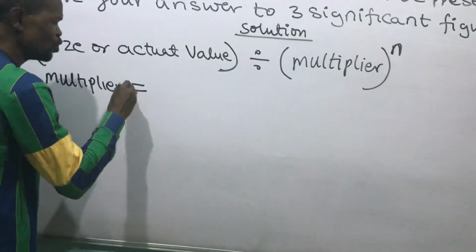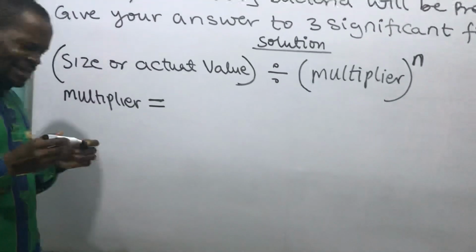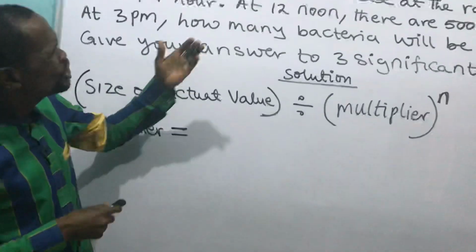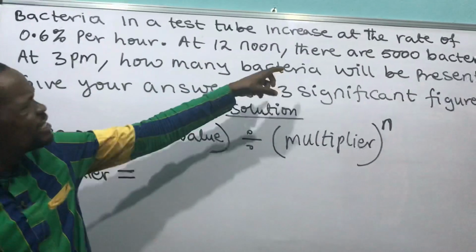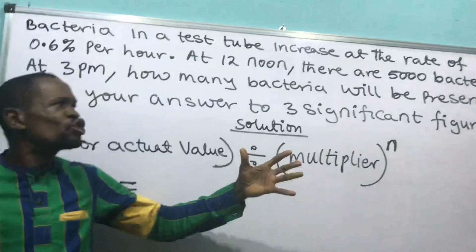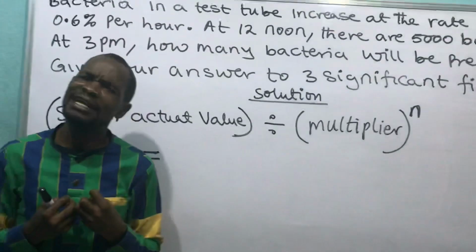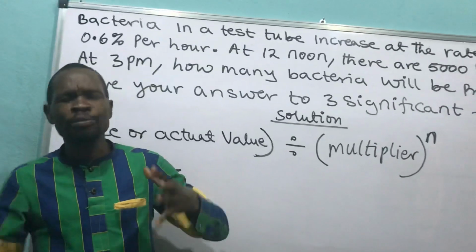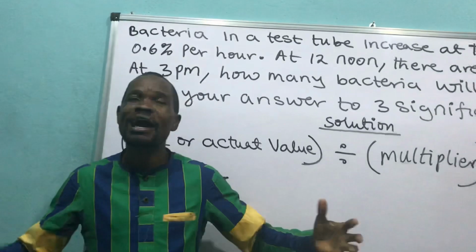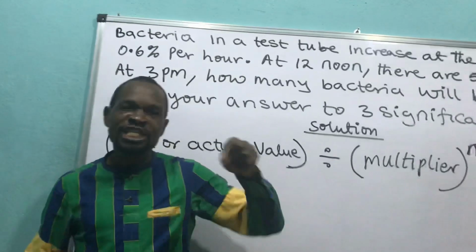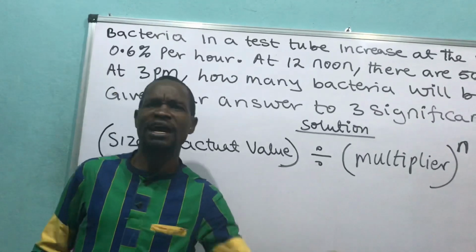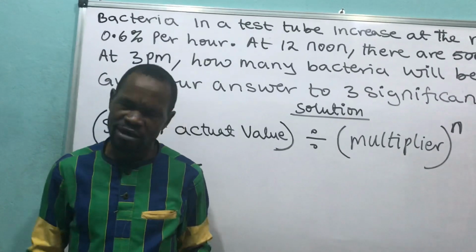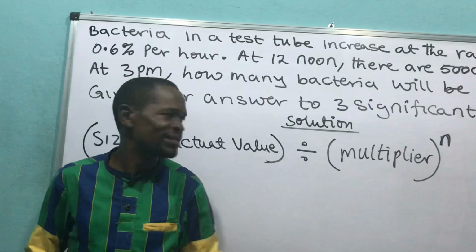My multiplier is equal to, you remember that before there is a change in this test tube, the test tube is 100% of itself. What am I saying? When an object or quantity or value has not experienced change, it is 100% of itself, which is our reference point, 100%.